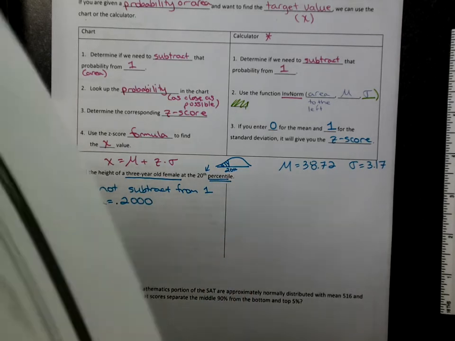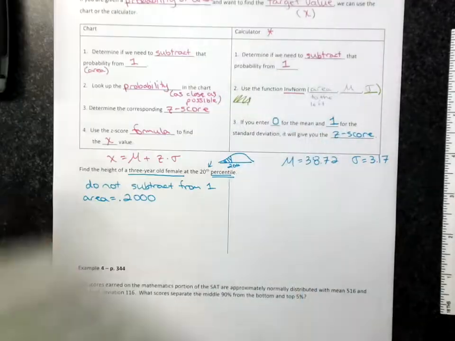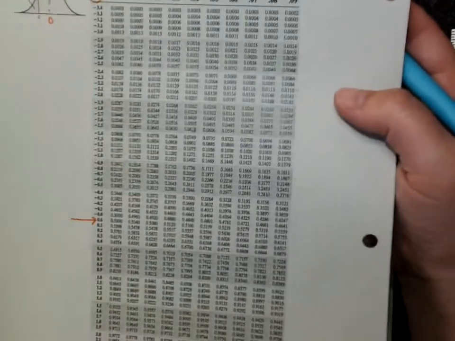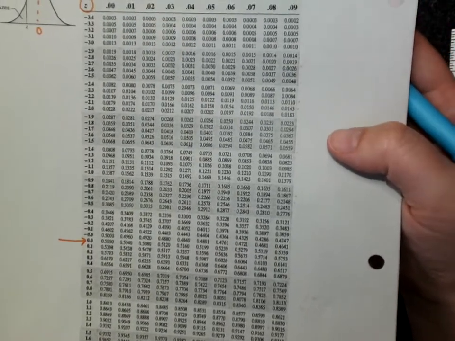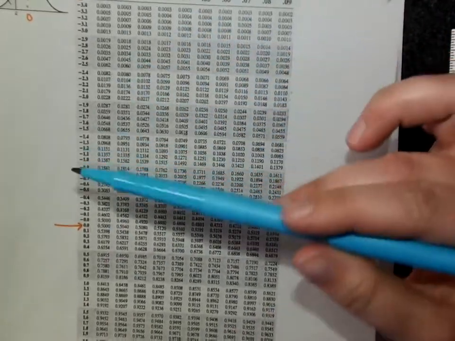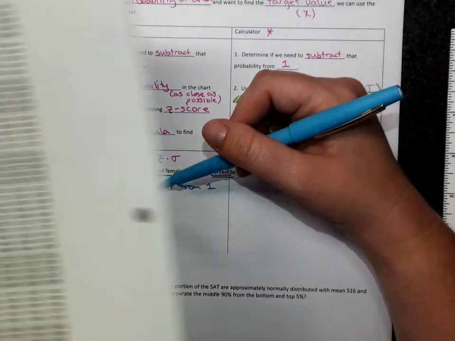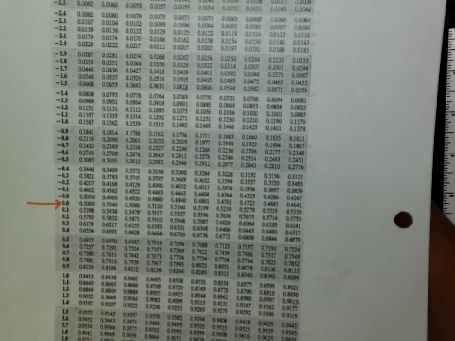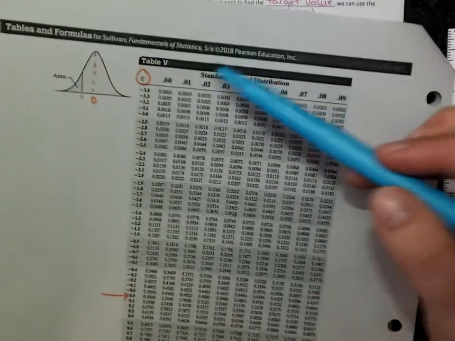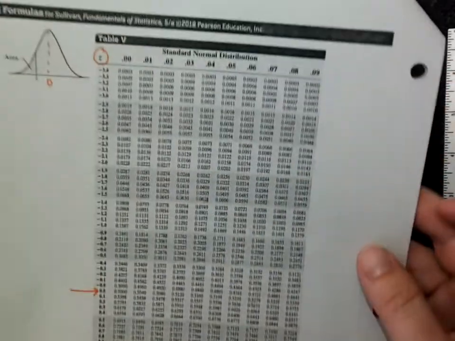If you do this by hand, you go into your chart on page 6. I wish I could zoom the camera in, but I can't. I'm just going to pick up the paper and see if you can see. What we need to do is look at all the values in the chart and get as close as we can to this 0.2000. So if you look at your chart, the smaller numbers are up top and the bigger numbers are at the bottom because it always goes to the left.